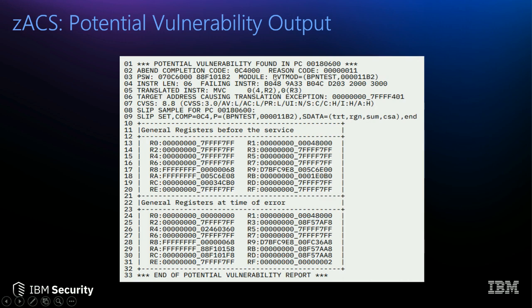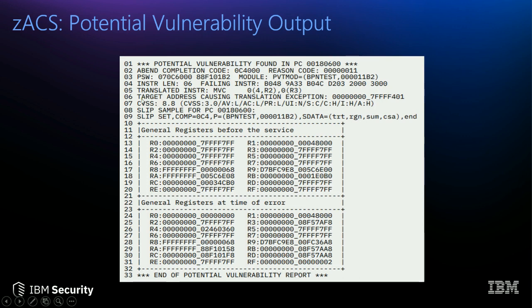The line also includes the abend reason code, and then we can read the PSW in line 3, as well as the name of the module where the potential vulnerability was found, if known, and the offset where the abend occurred. Line 5 indicates the failing instruction translated into assembler format. Okay, here.